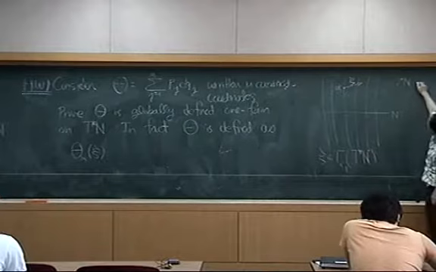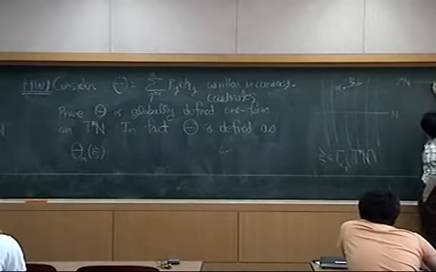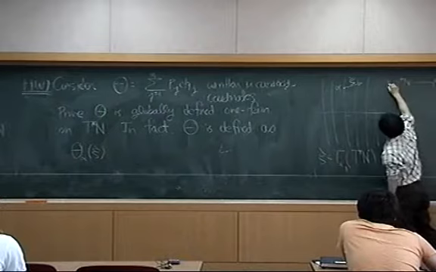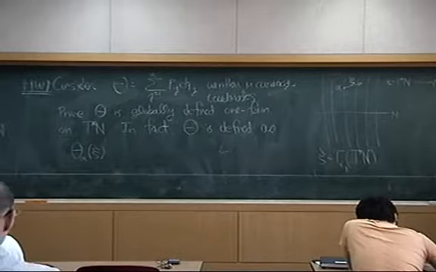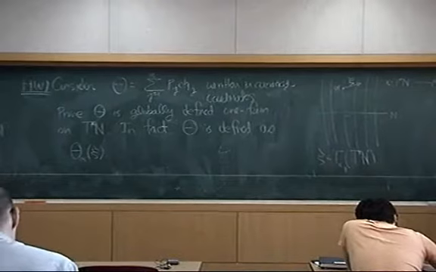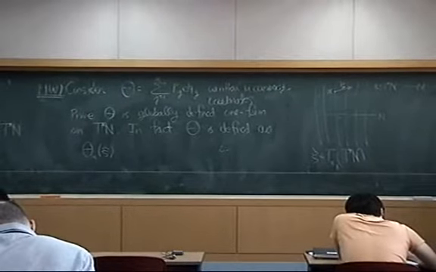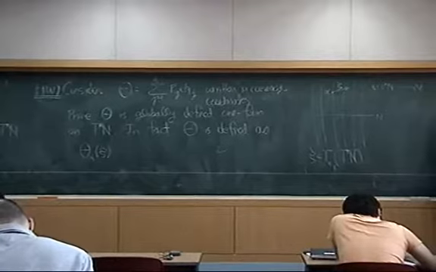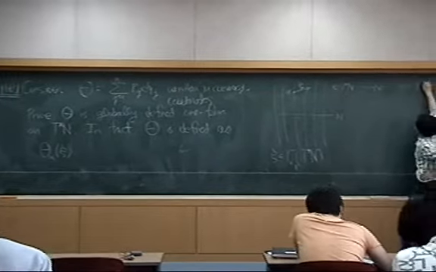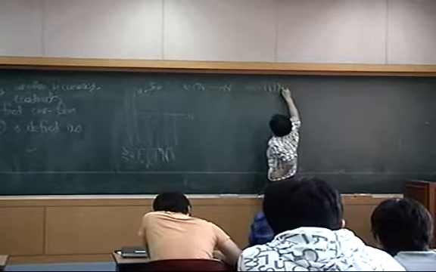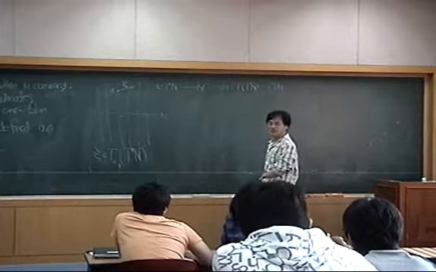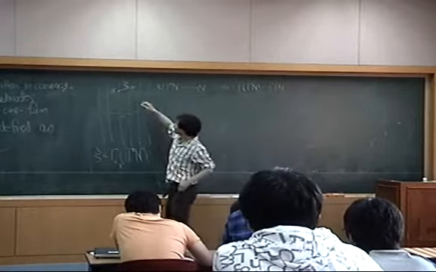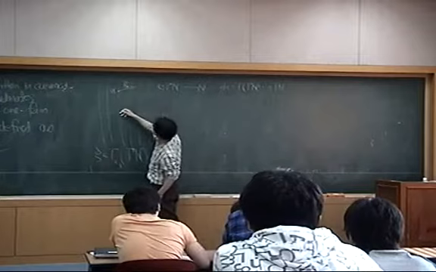But there is a natural projection to N, this π. And when you're given a map between two smooth manifolds, you can take the derivative. This derivative maps the tangent bundle of the first manifold to the tangent bundle of the second manifold. So you can project this tangent vector to the base here.